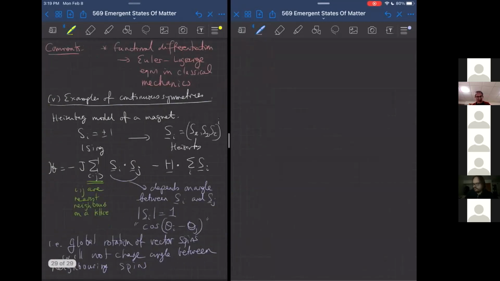And so what that will mean is that the Hamiltonian of the spins will be the same as the Hamiltonian of the rotation, or the rotation matrix acting on the spins. And so this R here means a rotation matrix.